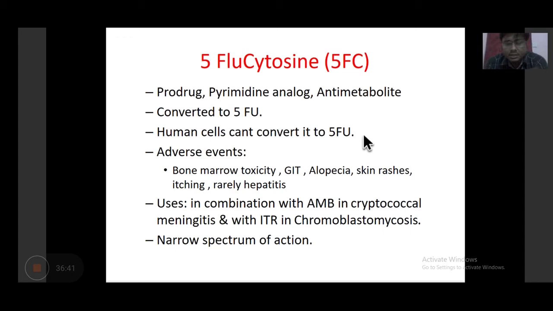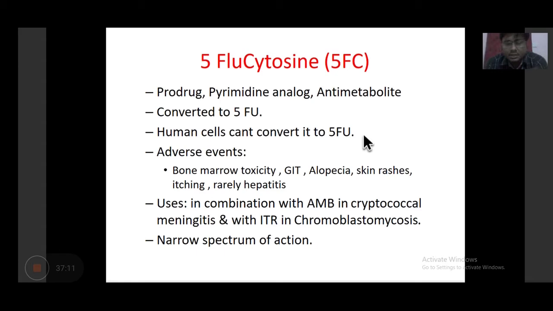The 5-flucytosine is a prodrug that gets converted to 5-fluorouracil. Human cells cannot convert it to 5-fluorouracil, so it is a very, very selective drug, because only the cells infected with the fungus can activate it, and only there will it show its action.